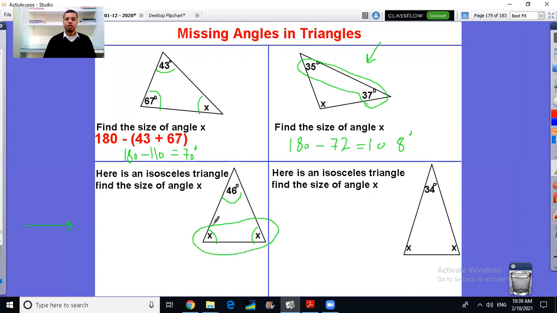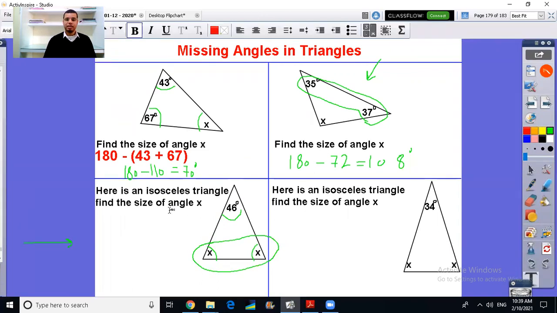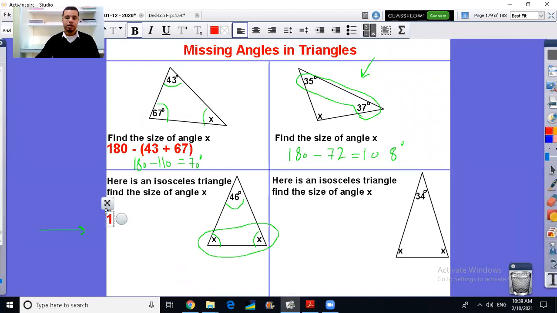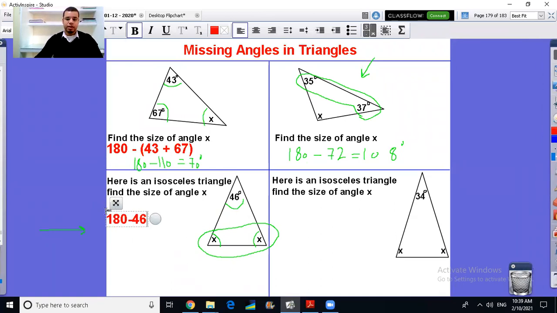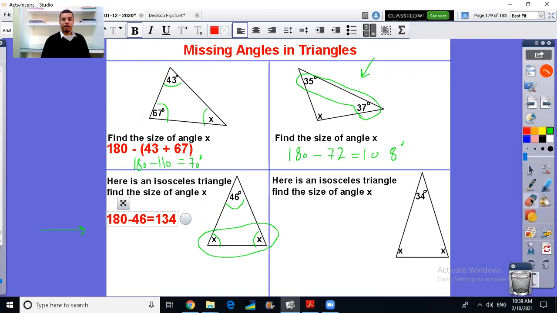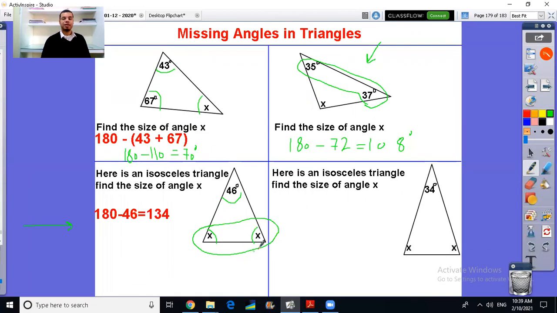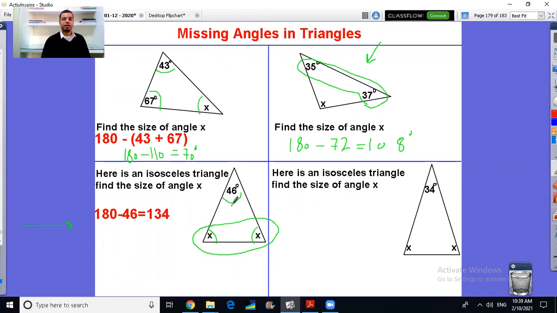I'm going to do 180 minus 46, which equals exactly 134. So 134 is the size of the two angles together.